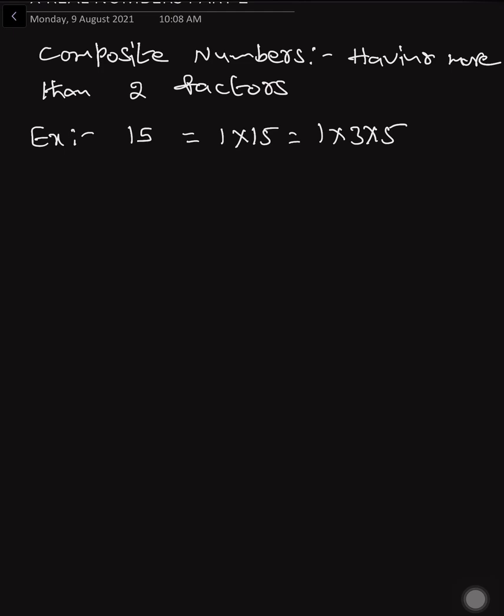That's why 15 is called a composite number. Again 18. Other than 1 and itself, you can write 2 and 9. So 18 is also a composite number.